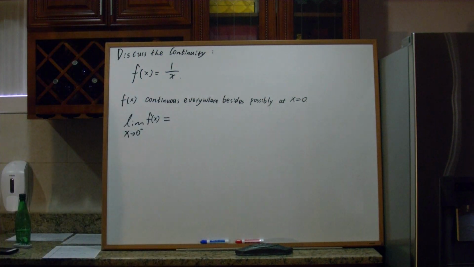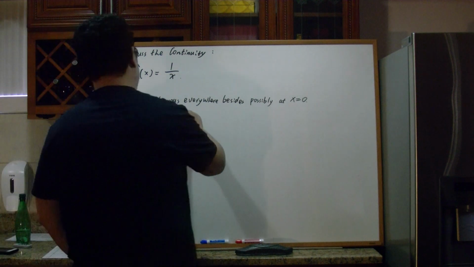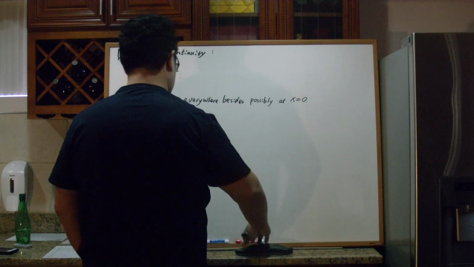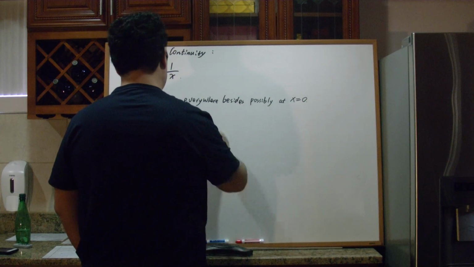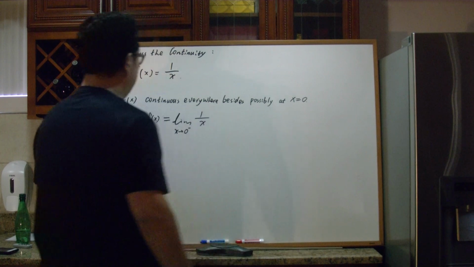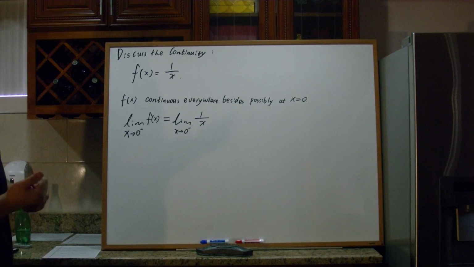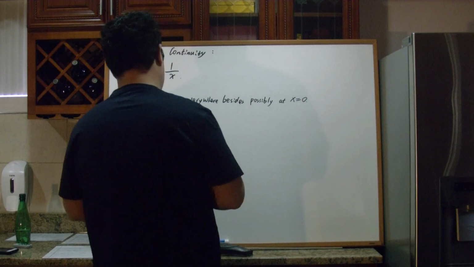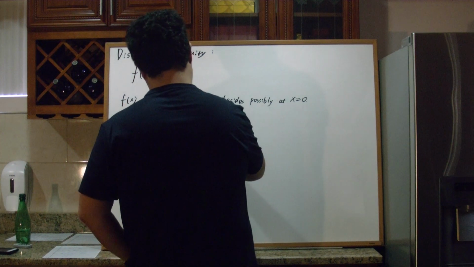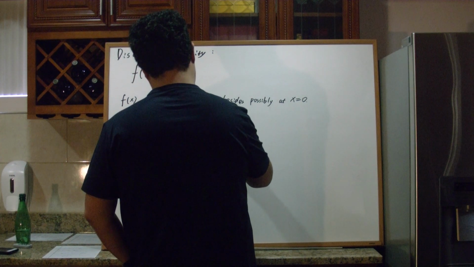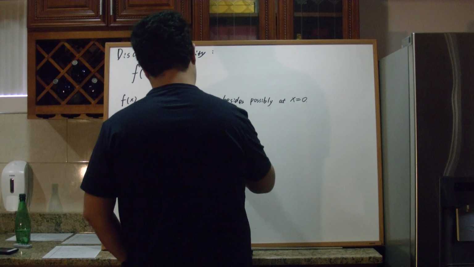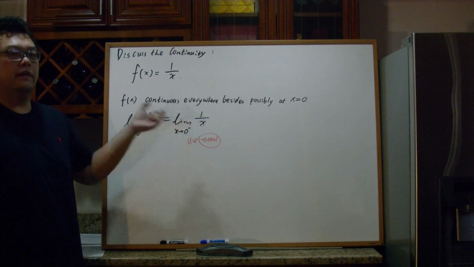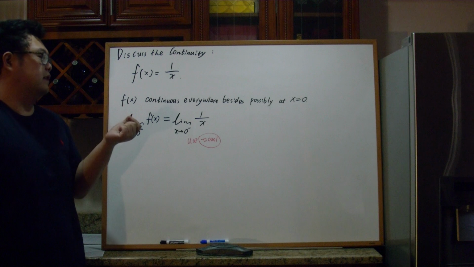For the one-sided limit, we have nothing else to do but just substitute the value. For 0 from the left, if you understand that 1 over a very, very tiny number gives us infinity, that is okay.